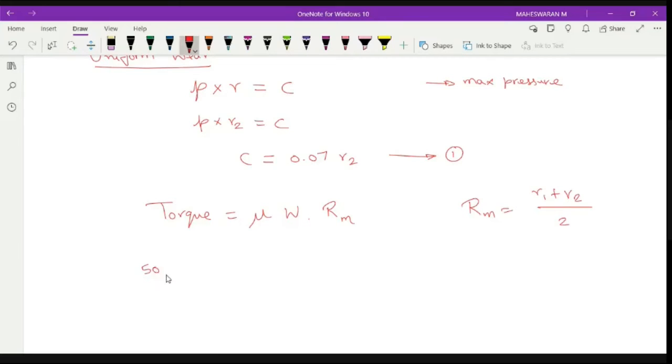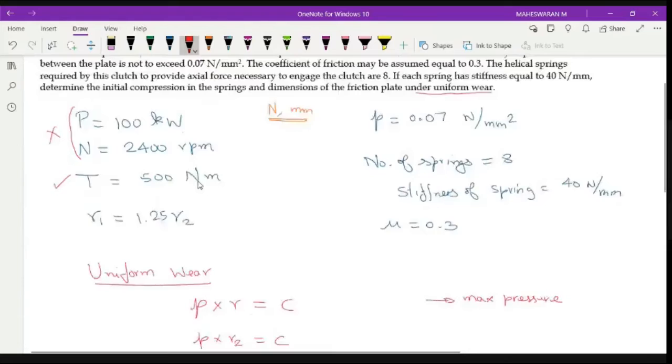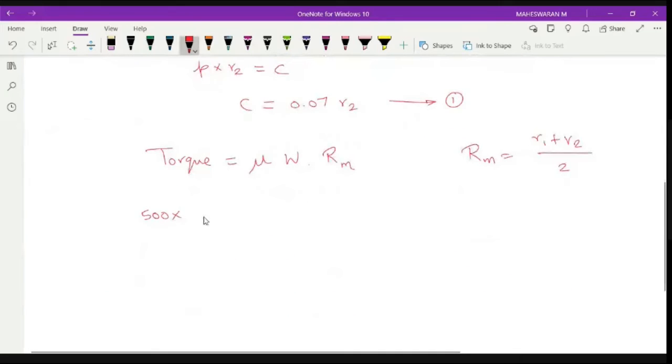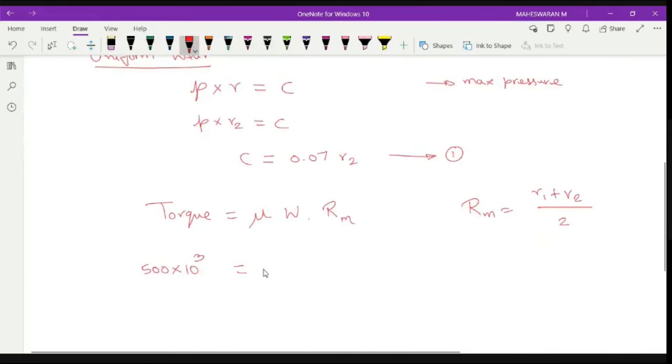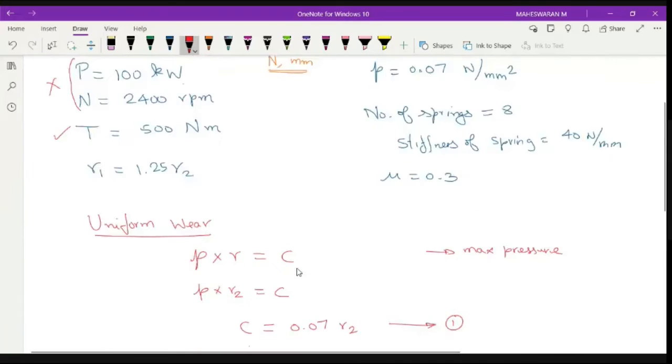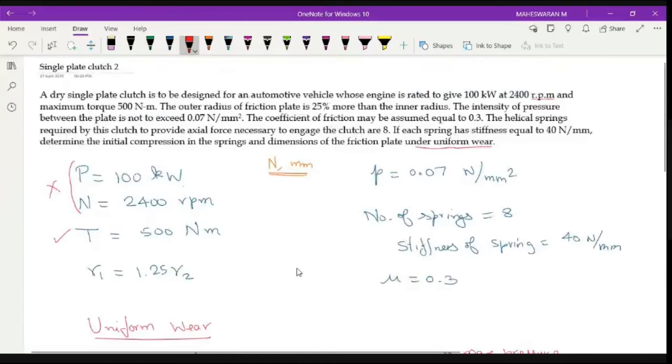Since we are solving in Newton and mm, I'm writing 500 into 10 power 3 Newton mm, which is equal to mu. Mu value is known, which is 0.3, into W. I don't know what W is.